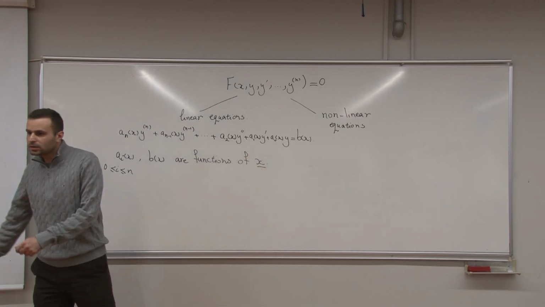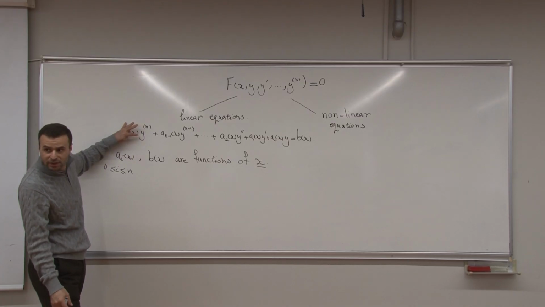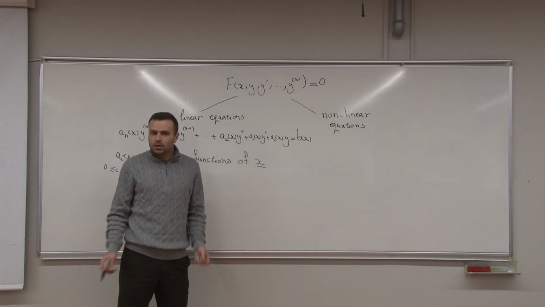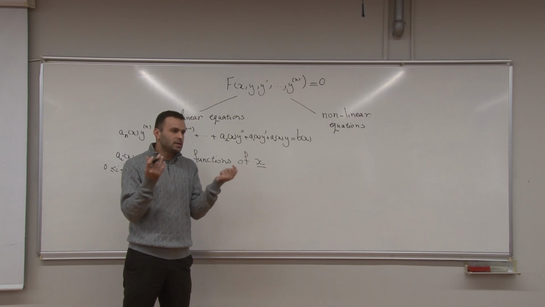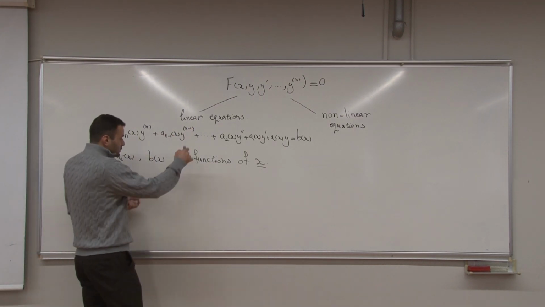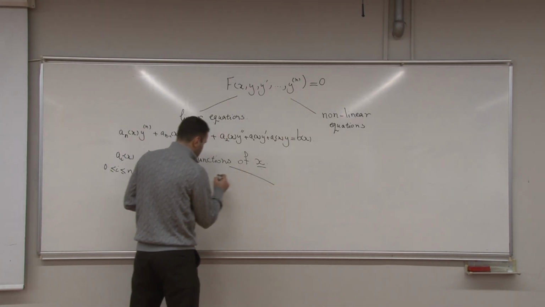What do we mean by that? We mean that in this expression, the coefficients of the derivatives of y are just functions of x and no y is appearing in them. Okay? We can reduce this into some simpler cases.